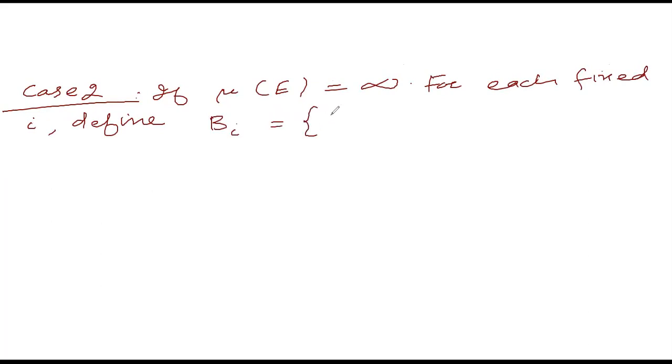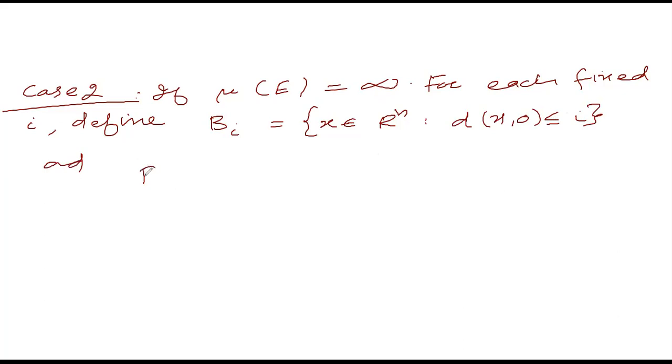B_i is the set of all x belonging to R^n, so it's an n-dimensional ball, such that the distance between x and 0 is less than or equal to i. It's a closed ball with center at 0.